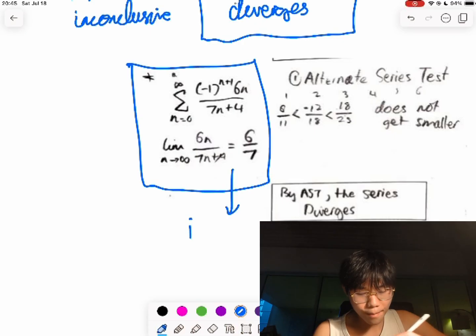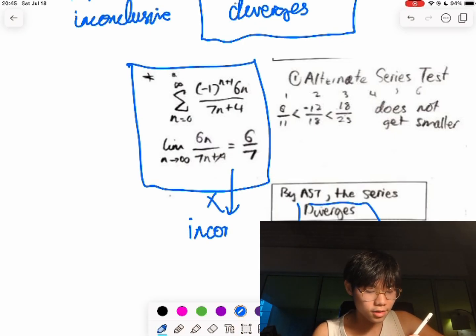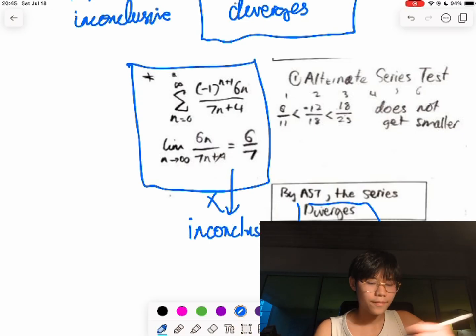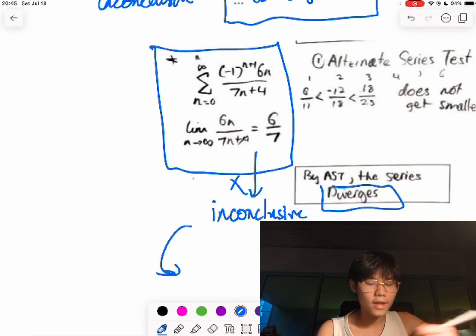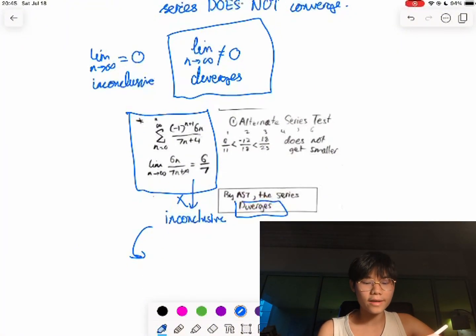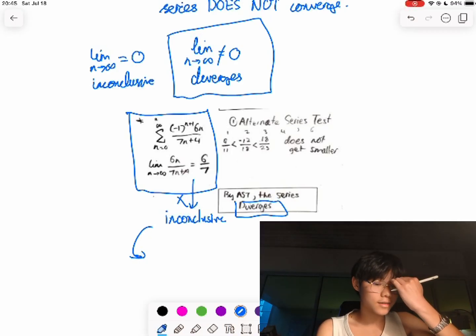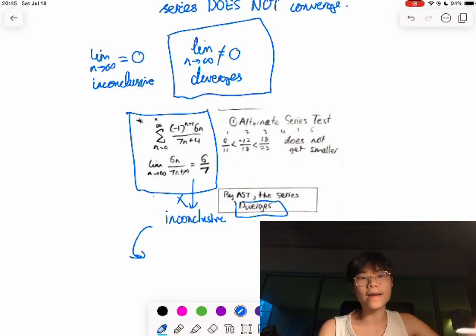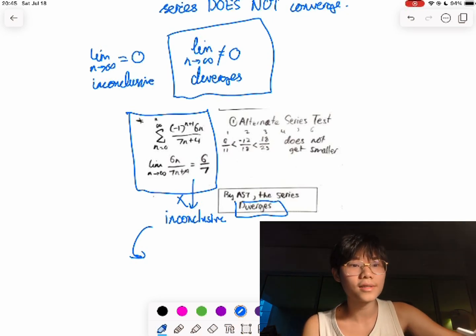Okay, it must mean it diverges. But that's wrong. It should be inconclusive. And then I would need to do another test. But I forgot about that. I pushed on ahead, and I said, oh, it diverges. Which is the right answer, but it's not from this test. You have to use the divergence test instead.